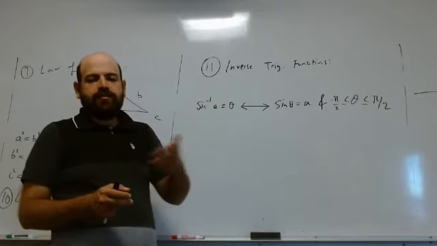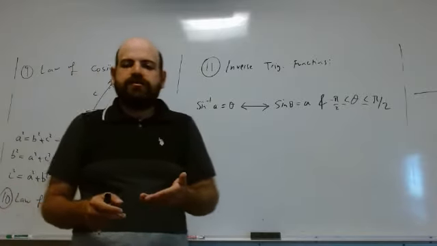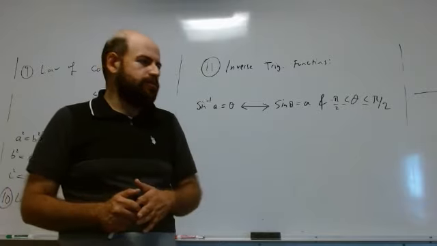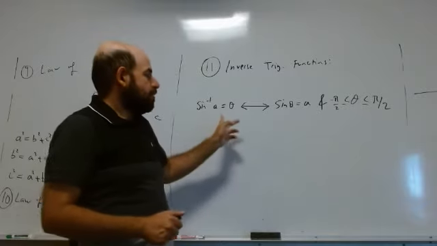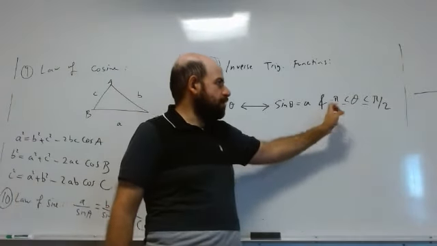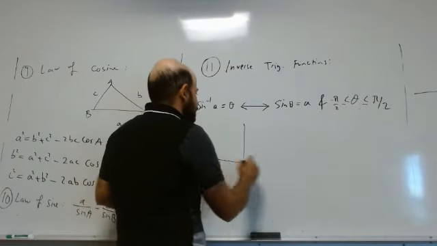It has lots of repeated outputs. For example, sine of 2 pi plus pi over 6 is the same as sine pi over 6. But although the function is not one-to-one, if we change the domain to be between minus pi over 2 and pi over 2, let me sketch the graph of sine x.